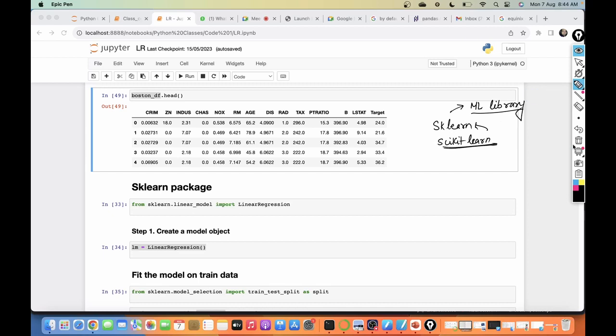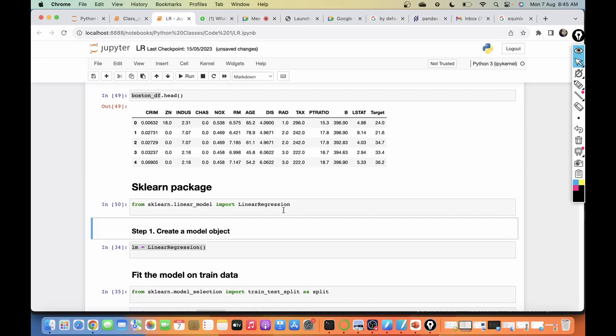That's why now you can see we have imported Sklearn. Since linear regression is a linear model, from sklearn.linear_model we are importing LinearRegression. Why linear regression? Because we are working on linear regression right now, right? So let's first import the linear regression model.